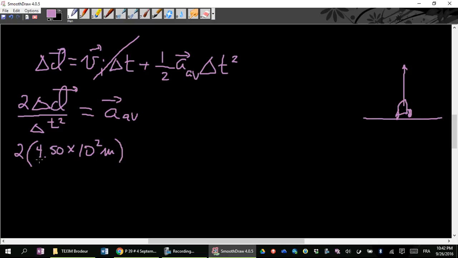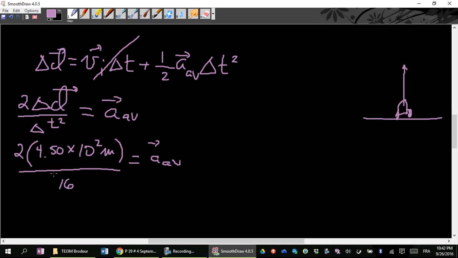We know it's going up. And divide by delta T squared. Delta T is 4 seconds, and it's squared, so it's going to be 16. That's going to give me my acceleration. So this is going to be over 8.